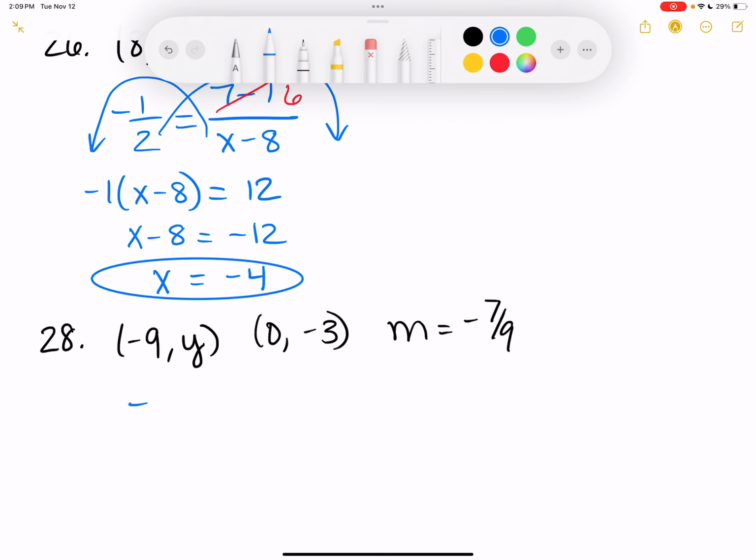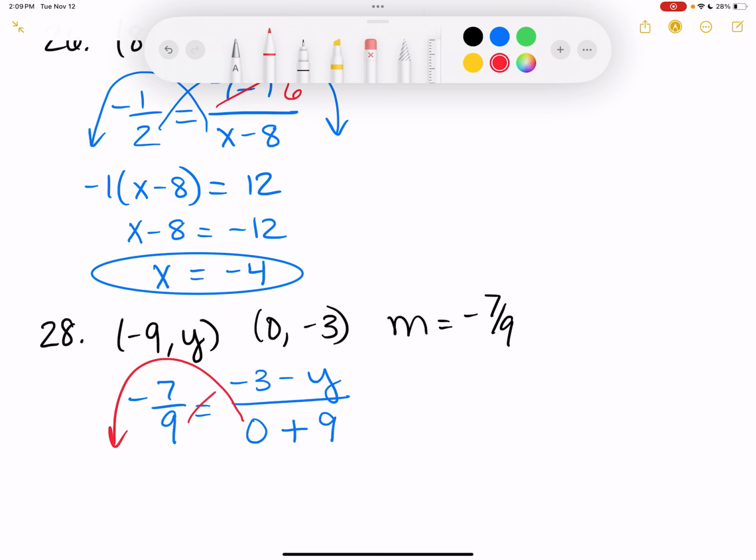So I have -7/9 equals -3 minus y over 0 minus a negative 9, which is going to be +9. So that ends up just being 9 there. I'm still going to cross multiply just like I did before. 9 times -7 is negative 63. So -63 equals 9 times -3 minus y.